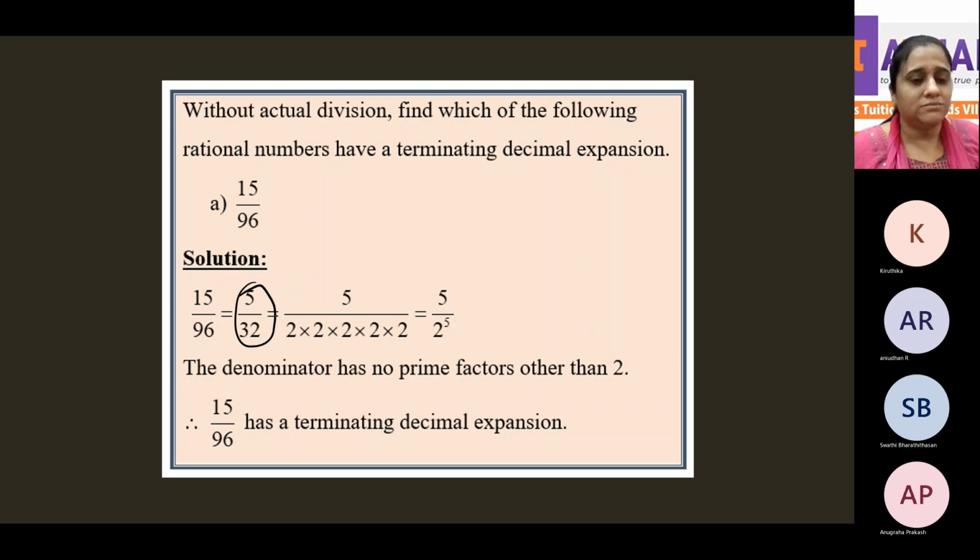You should cancel 3 fives are 3 thirty-twos like this, and then write 5 by 32. This cancelling alone you cannot see in my presentation, but you should cancel it. So you get 5 by 32. Now 32 like this.